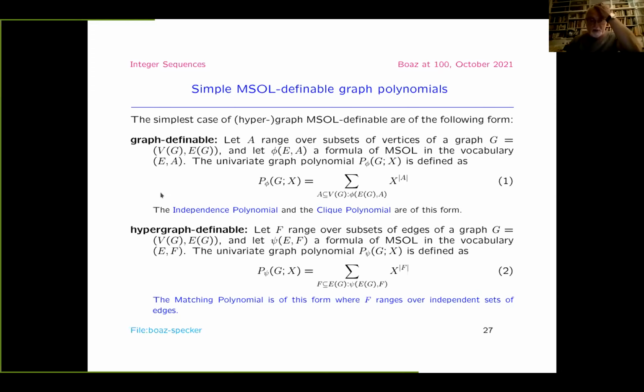Now, if you want to generalize this to a large class of graph polynomials, we look at the case of graph definable polynomials, where A ranges over subsets of vertices of a graph G, and phi is a formula. Then we look at the polynomial which is defined as the sum over all subsets A of V such that the graph with edges G and A satisfies phi, and we sum over this.